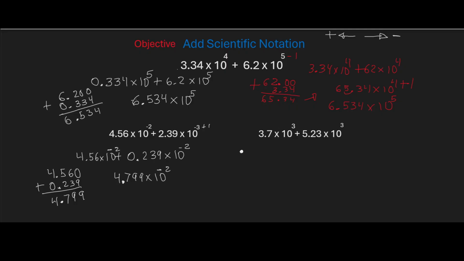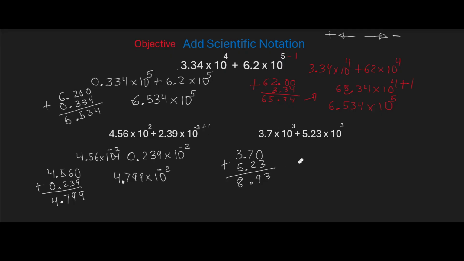So that means I'm going to be adding 3.7 with 5.23. And this is going to be addition, right? So now adding this up, you get 3, you get 9, the decimal point, bring it down, 5 plus 3, that would be 8.